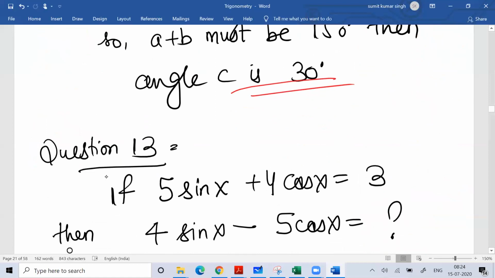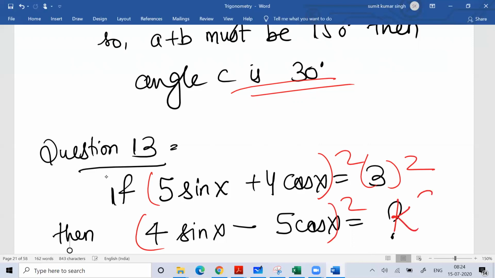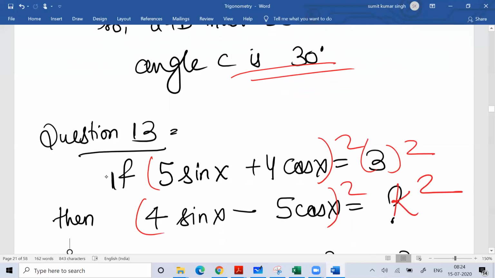Now the next question we discuss is: 5 sin x plus 4 cos x equal to 3, and then find the value of 4 sin x minus 5 cos x. If you want to find this value, then again what you do is squaring both sides. Always when you get this kind of question, do squaring both sides. Suppose this is k, do squaring of k.